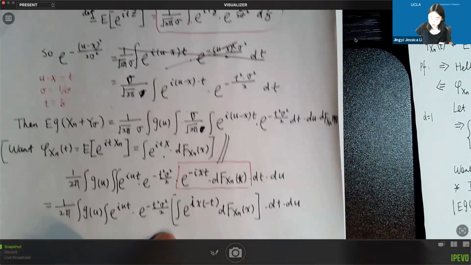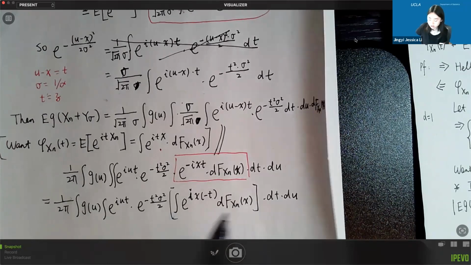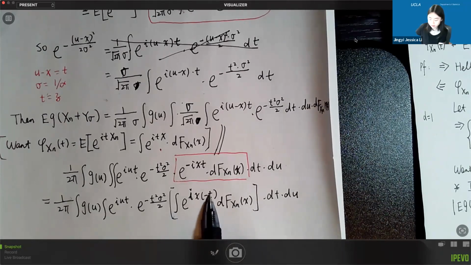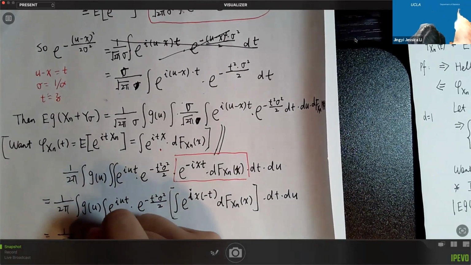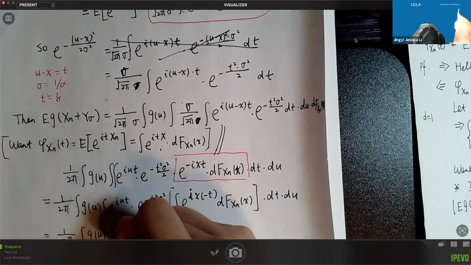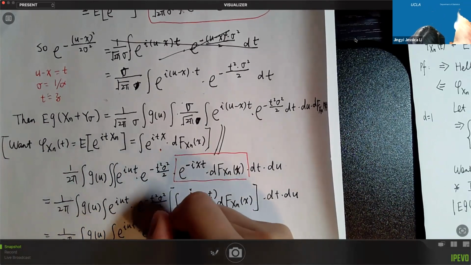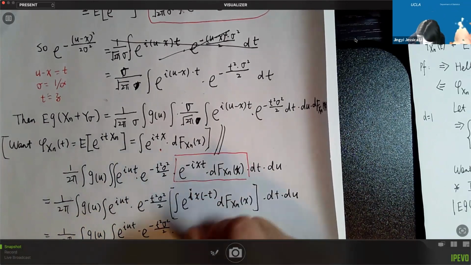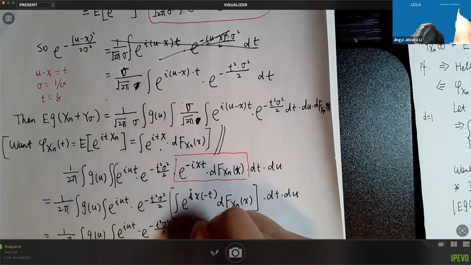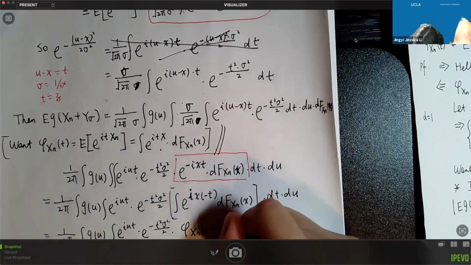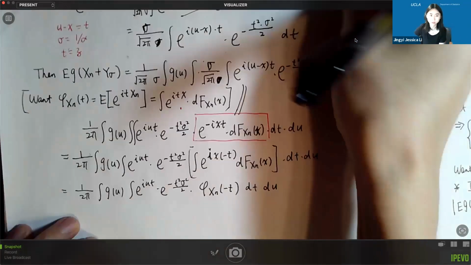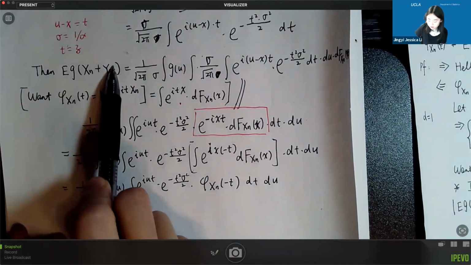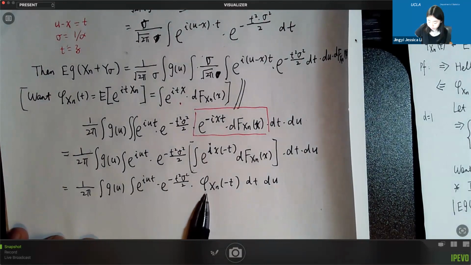Okay, finally, this is the characteristic function evaluated at negative t by the definition. So I have g(u) exponential iut exponential negative t squared sigma squared over 2 times the characteristic function of Xn at negative t, dt du. So I finally was able to express this term in terms of our characteristic function.